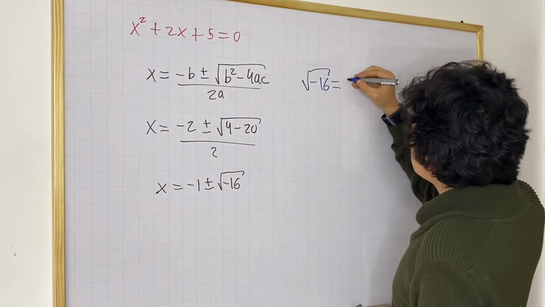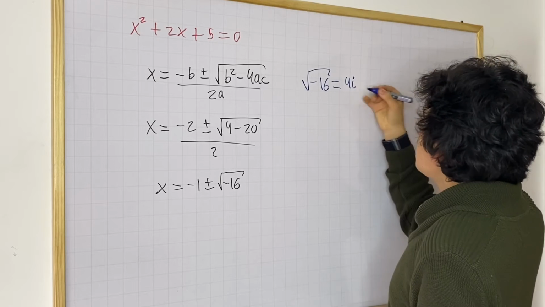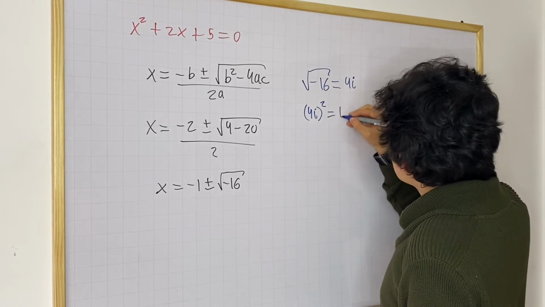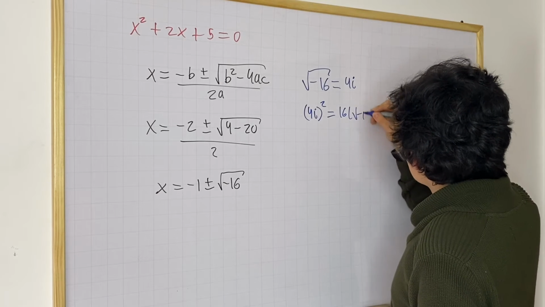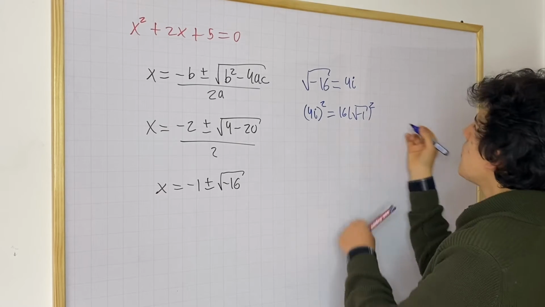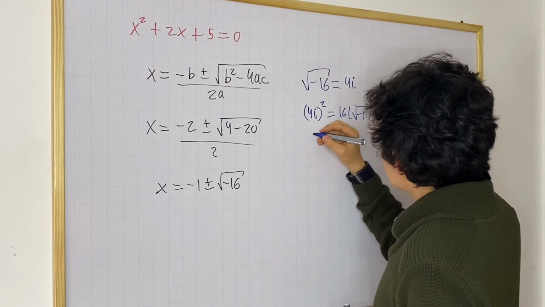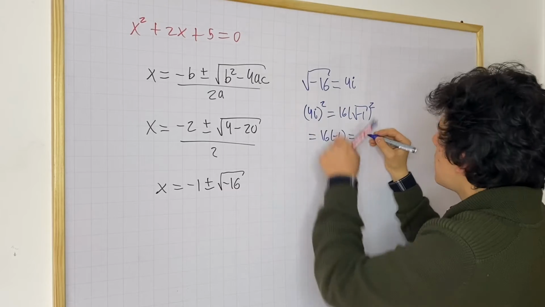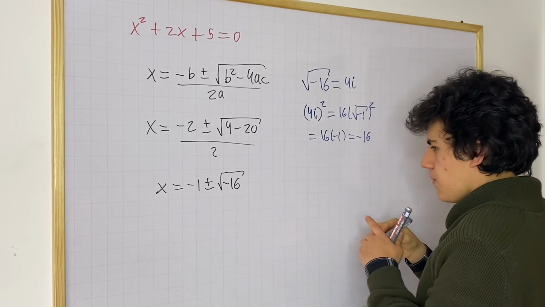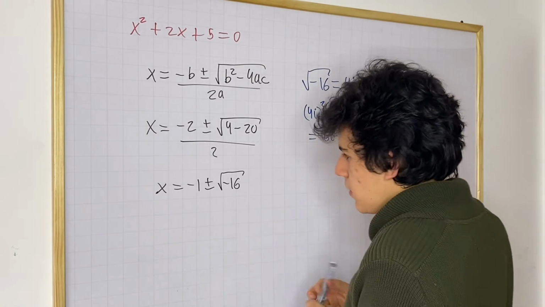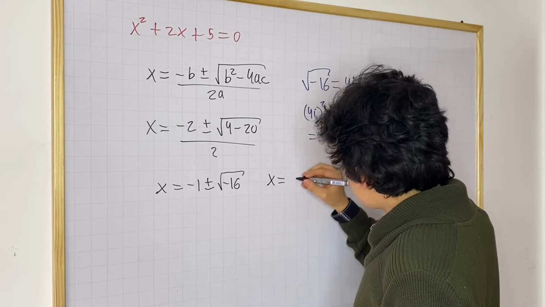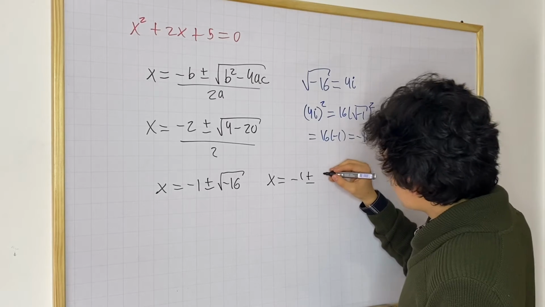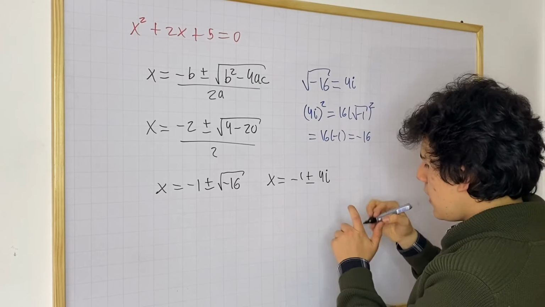This is just simply 4i, because if you square 4i, you get 16 times the square root of negative 1 squared. We can cancel out the radical and the square, and we get 16 times negative 1, which is what we have inside the radical. So we can simplify it: x is going to be equal to minus 1 plus or minus 4i, okay?